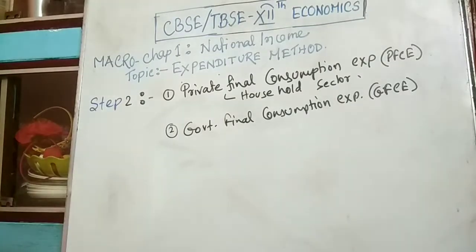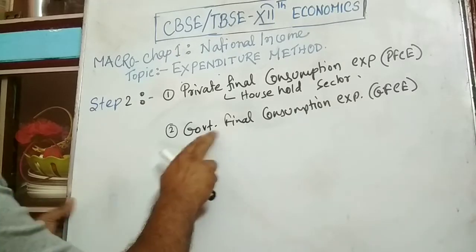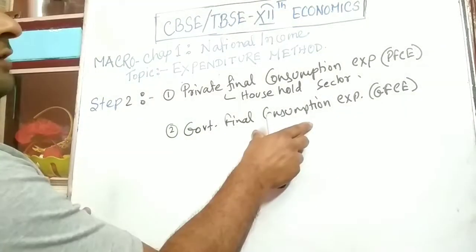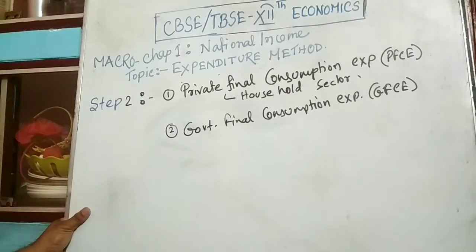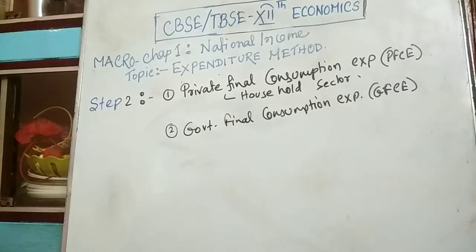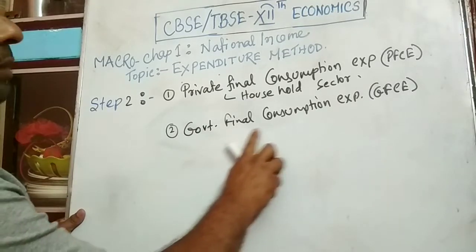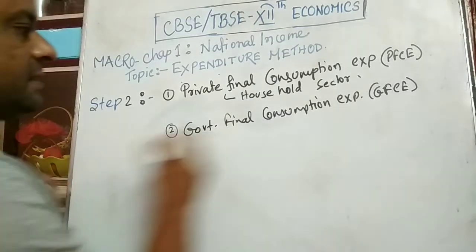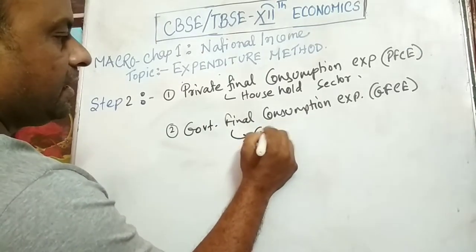Government final consumption expenditure means all the final expenditures made by the government. The government also makes various expenditures on purchase of goods and services, on giving salary, on giving other compensation to the people. This all comes under government final consumption expenditure, the expenditure made by the government sector.